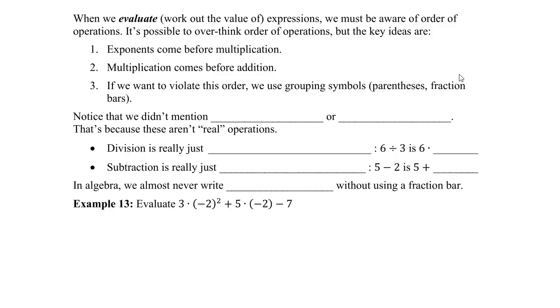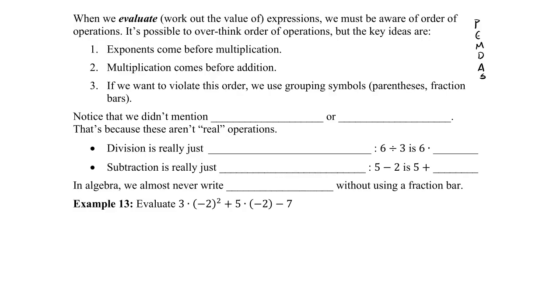In addition to simplifying, the other thing we might do with an expression is to evaluate it. To evaluate an expression means just to work out the value, work out what number it represents. In order to evaluate an expression, we need to keep in mind the order of operations. Now, you've probably seen this acronym, PEMDAS.